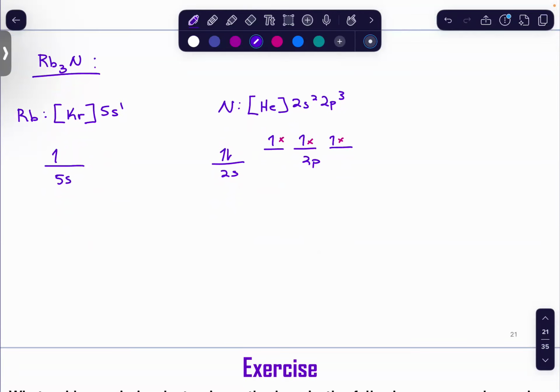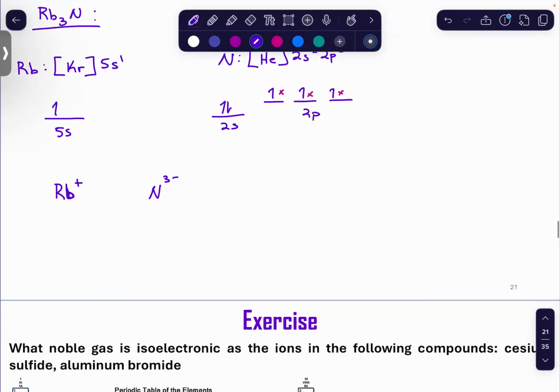Also, again, you look at the periodic table: rubidium is in group 1, so it will become a +1 ion. Nitrogen is in group 15, so its common charge is 3-.